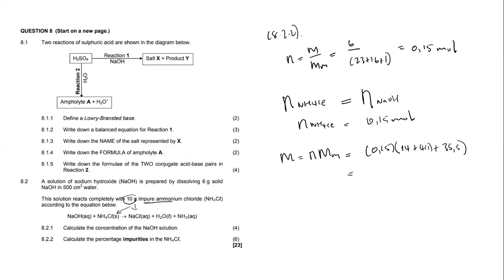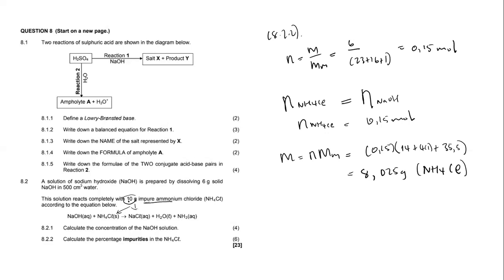And therefore I get my answer to be 8.025 grams. So this is the mass of NH4Cl, the pure mass that is going to react with sodium hydroxide.